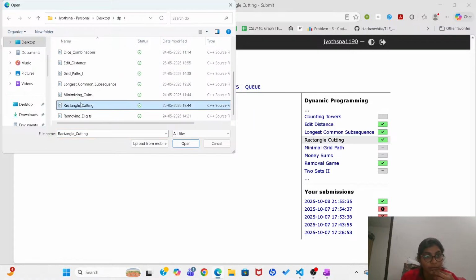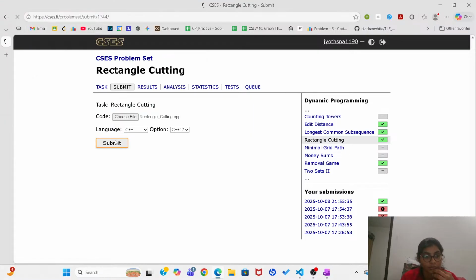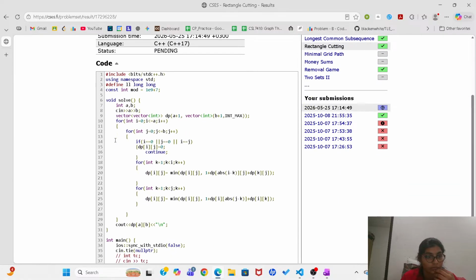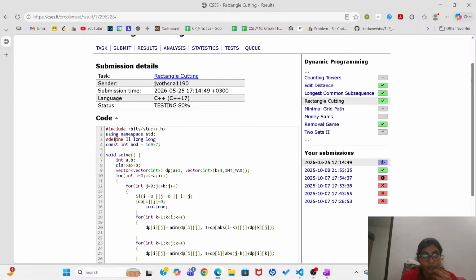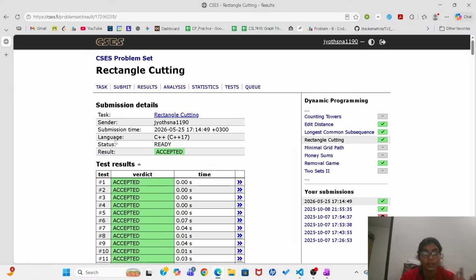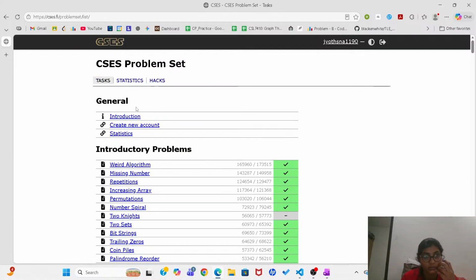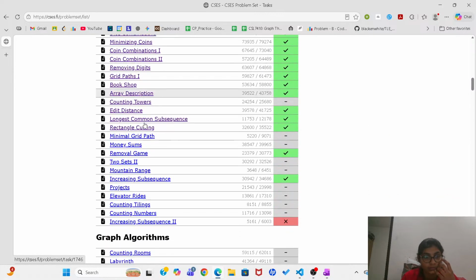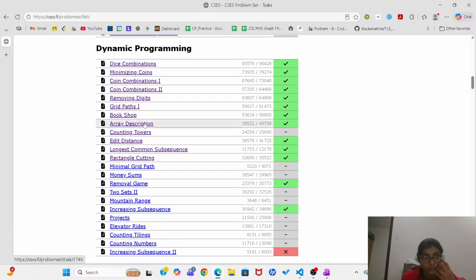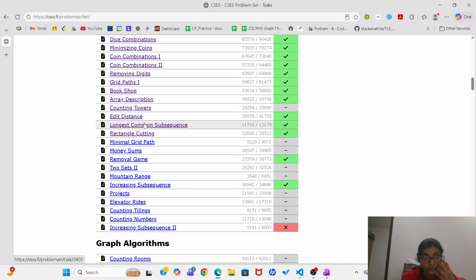Rectangle. Yeah, okay. Very fast. This problem is not solved because this was really very complex and I've seen the solution in the morning.